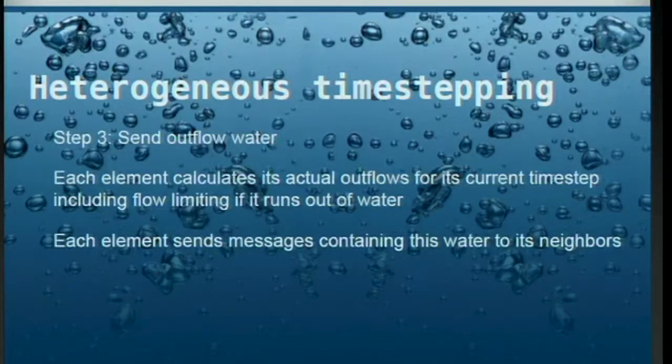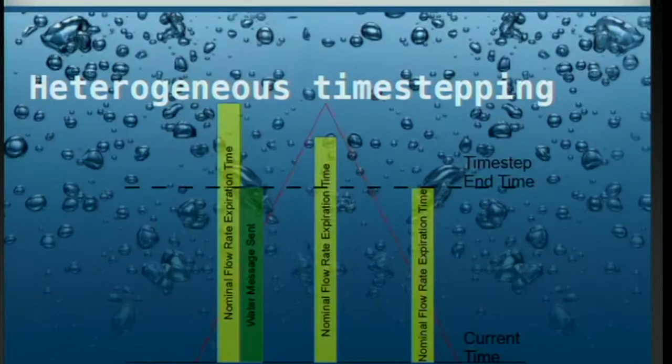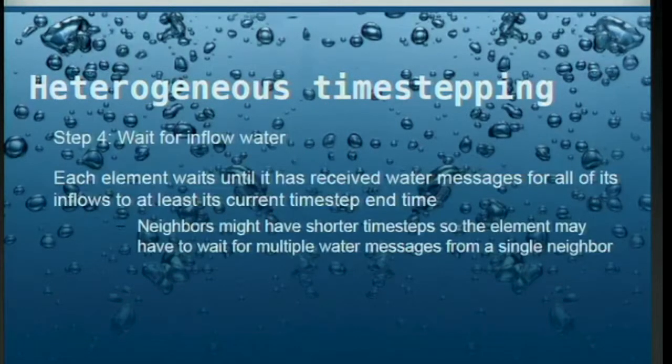And here is where we limit outflows to not be more than the amount of water that any element has. So if you imagine this first neighbor, there is water flowing from me to the neighbor, I will send him a message. The other 2 neighbors, maybe there's no flow, maybe the neighbors are flowing in towards me, I'm going to wait for messages from them. Okay, so that's the next step. Wait for those water messages to come in from your neighbors.